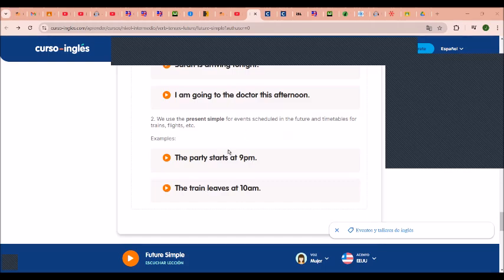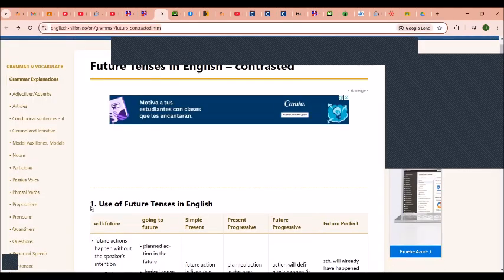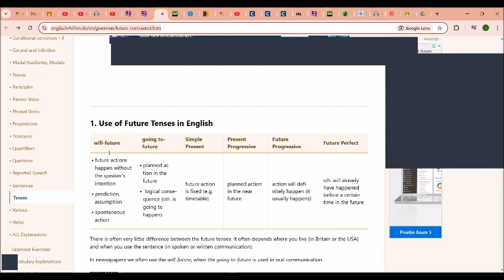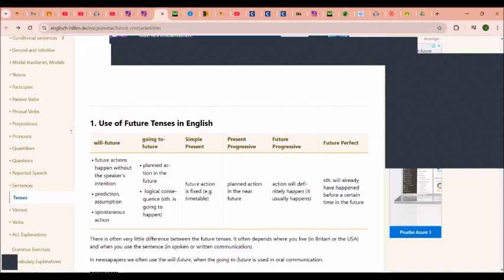Now, let's see if you understood each use of the future. Remember, will is for future actions where we don't know the intention of the speaker. It's a prediction, it's an assumption, it's spontaneous. Will plus the verb. Going to, all right, so that's to be going to: planned actions in the future, logical consequences.